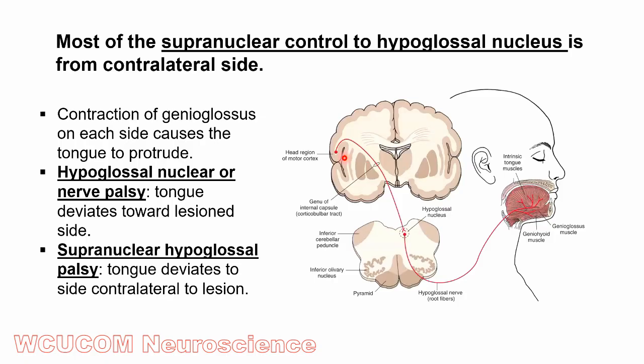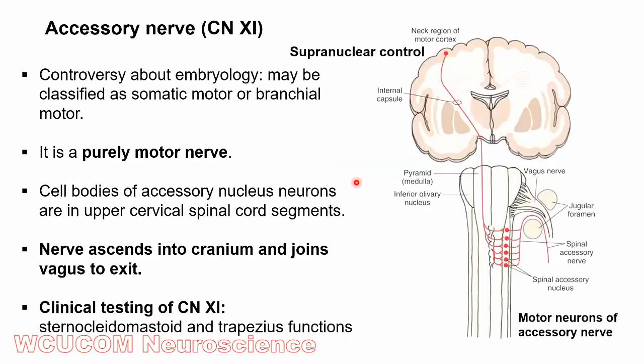But of course, I'm looking for a lesion most likely in the hemisphere somewhere. Okay, so contralateral to that side. And that is why it actually does make a difference, you know, when you look at what is supranuclear, what is nuclear damage.